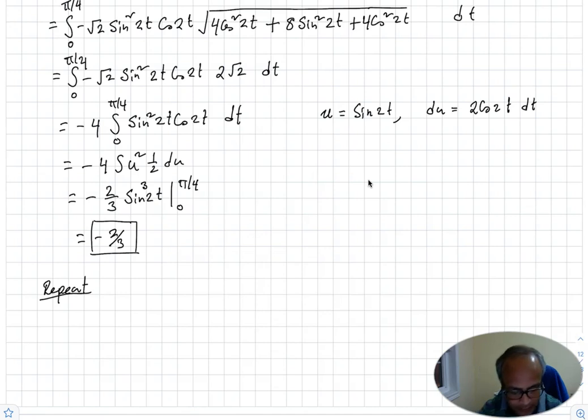So repeat means, I want to say, is solve xyz ds with a new parameterization.